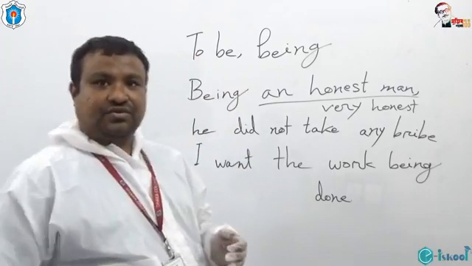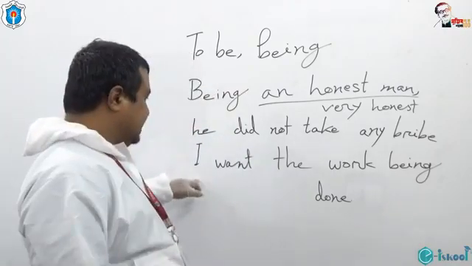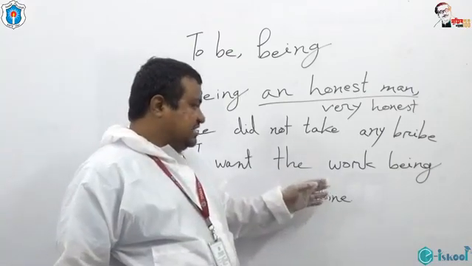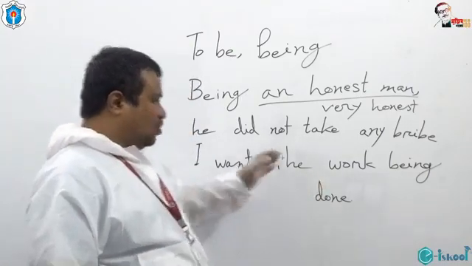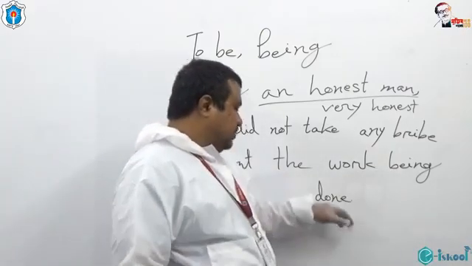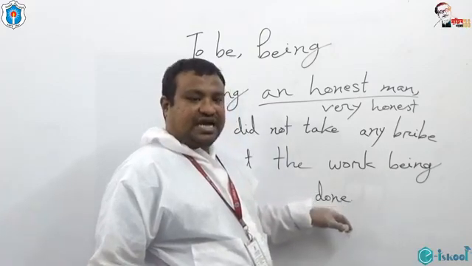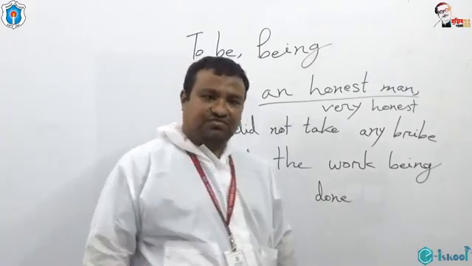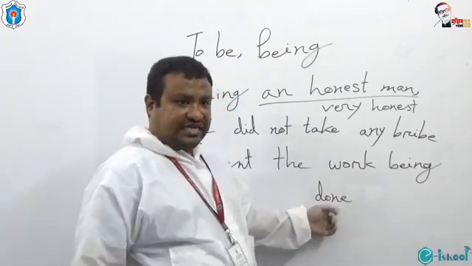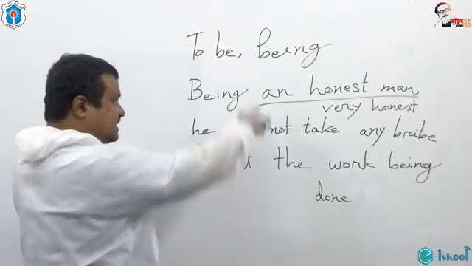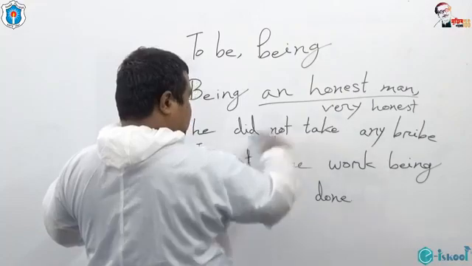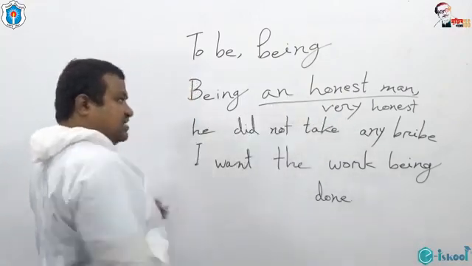But if being is used in the passive verb, that is after the object, then of course after being we will use the past participle form of the main verb, that is here we are using done. So the structural difference is that here being is used to refer to the subject itself, that is being an honest man.